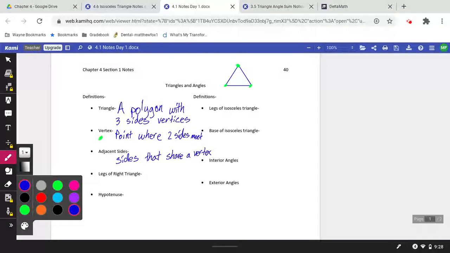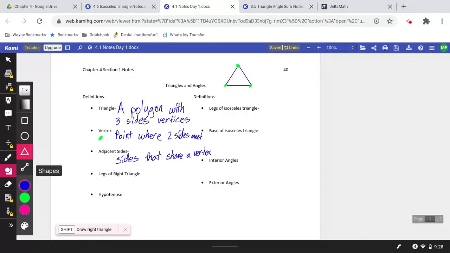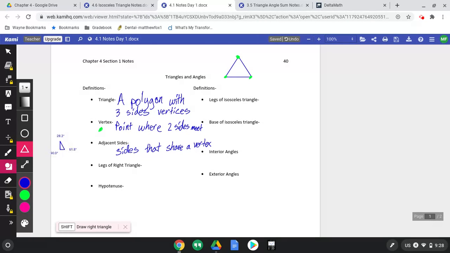For the next one, the legs of a right triangle. So when we have a right triangle, we have two parts of it. We have the hypotenuse out here.